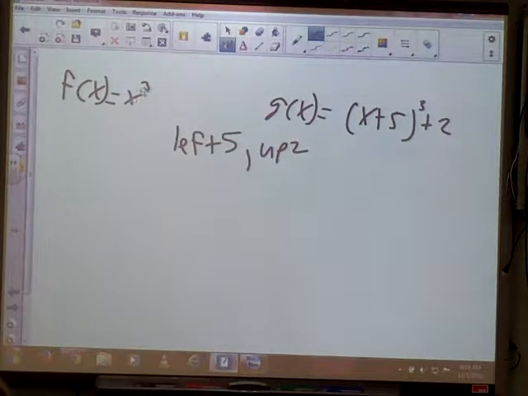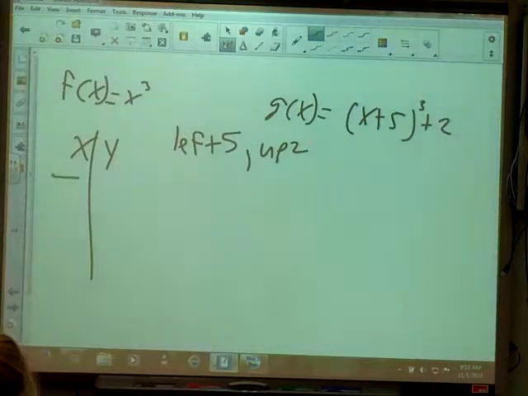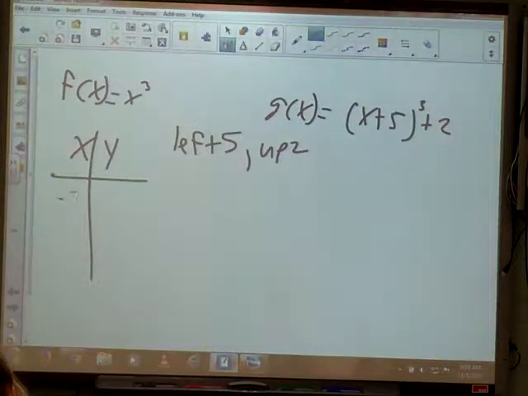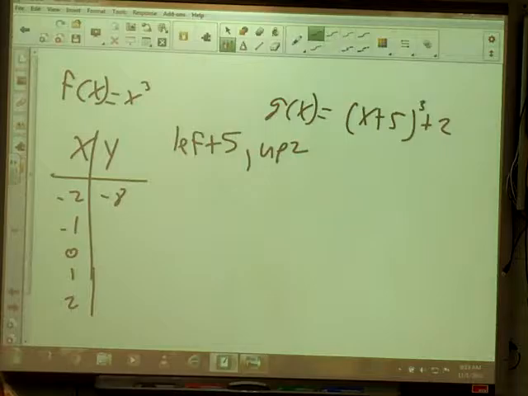Alright, now if we're going to graph this one here, this is going to be my x cubed. Just cube all those. Negative 2 cubed is negative 8, negative 1 cubed is negative 1, 0 cubed is 0, 1 cubed is 1, and 2 cubed is 8.